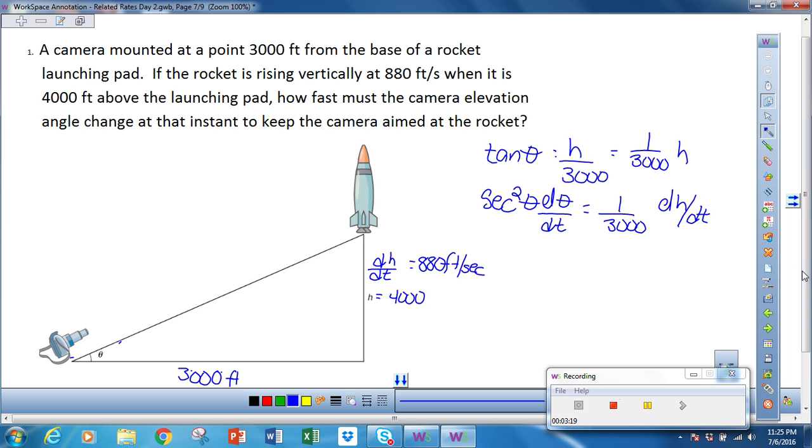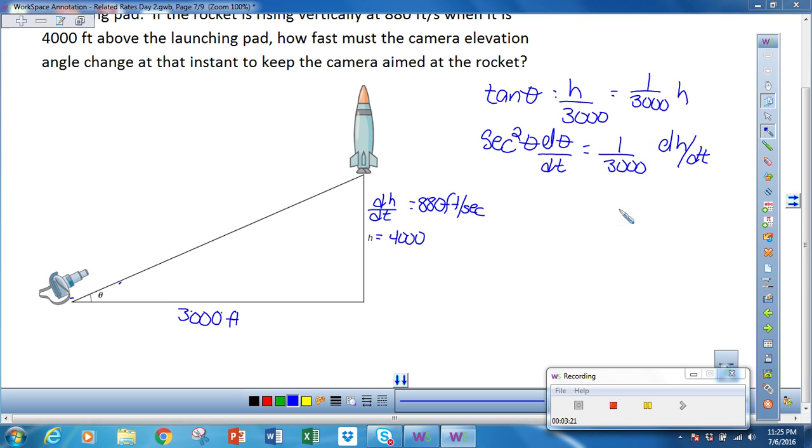Okay? Now, the other thing we need to remember is that secant squared can be written as 1 over cosine squared. So I can rewrite this as d theta dt over cosine squared theta, and that's equal to dH dt over 3,000.